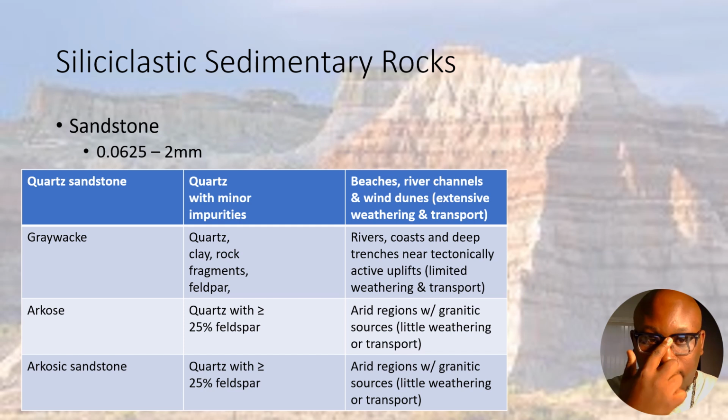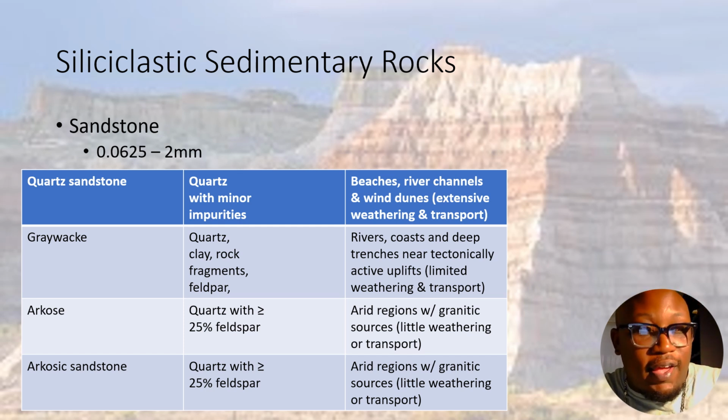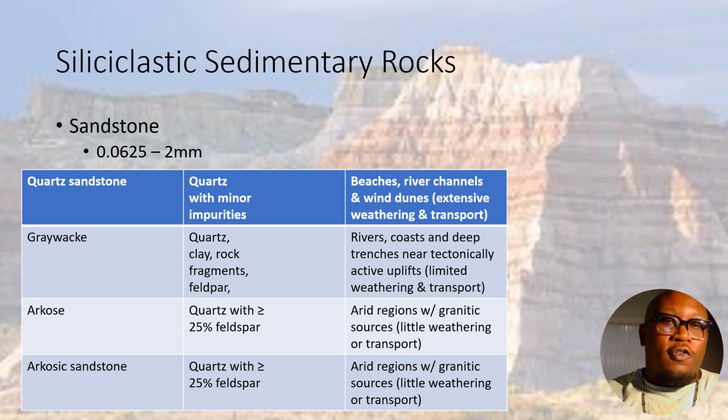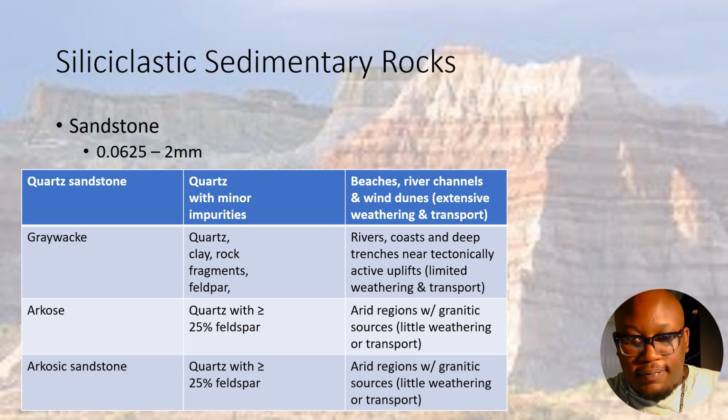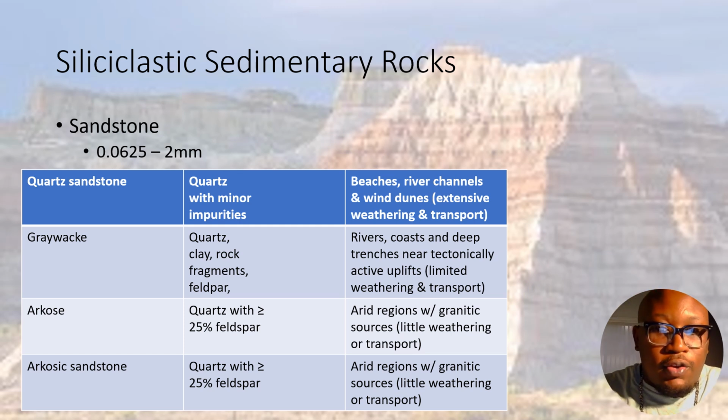Next is arkose. Arkose is composed of quartz and 25% feldspar. Now, arkose will have this reddish color to it. How I like to explain it to my students, it will feel like a brick and it will look like a brick. And generally, you will get these in arid regions where there is little water.